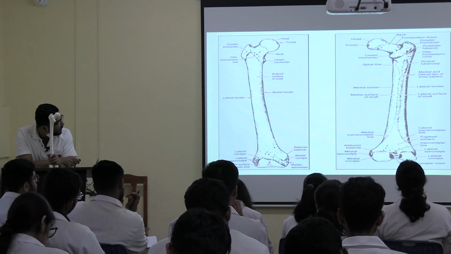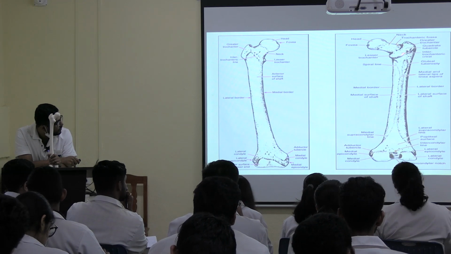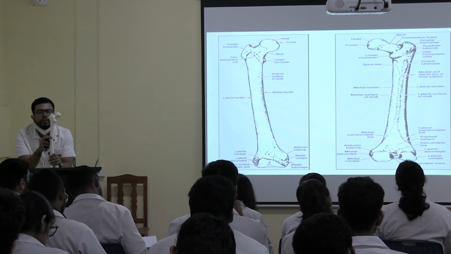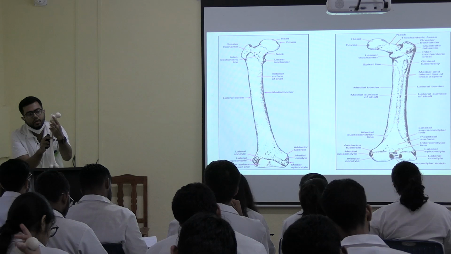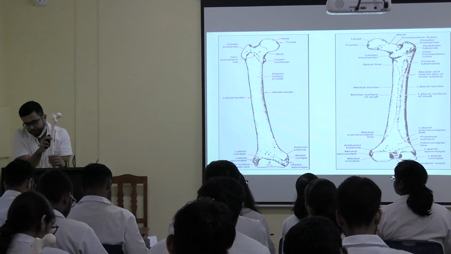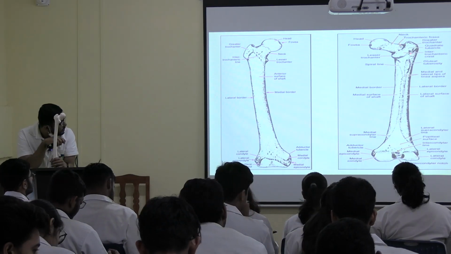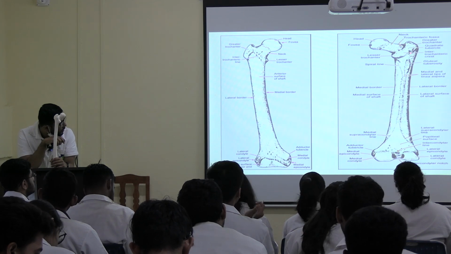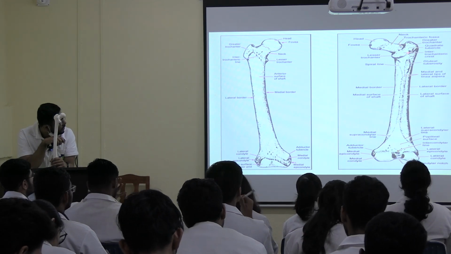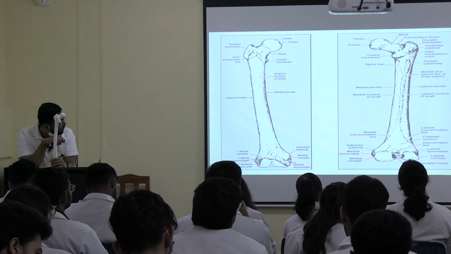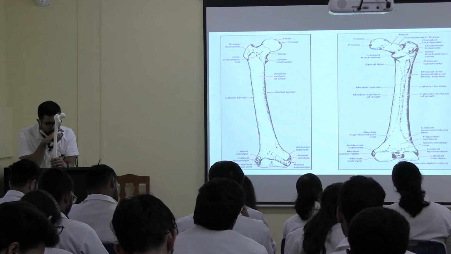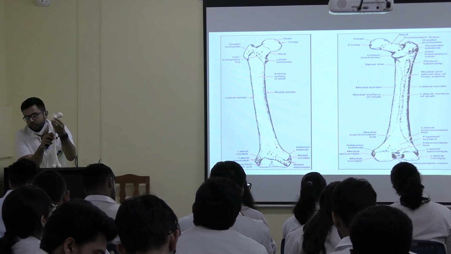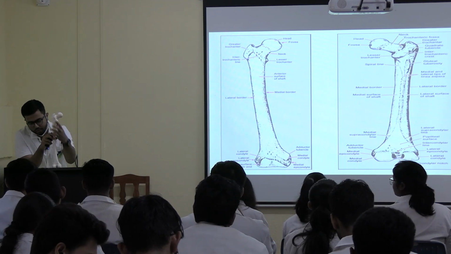This is the intertrochanteric crest. This part is elevated. On the intertrochanteric crest, there is a tubercle, another bony prominent part. This is the quadrate tubercle.